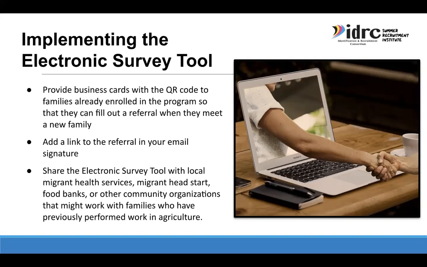You can also share the electronic survey tool with local migrant health services, migrant Head Starts, food banks, or any other community organizations that you might be partnering with, refugee organizations that are working in your area, churches. We've seen some states that are sharing it with local churches that are real involved in the migrant community. So it can be shared with anybody that you're already partnering with.